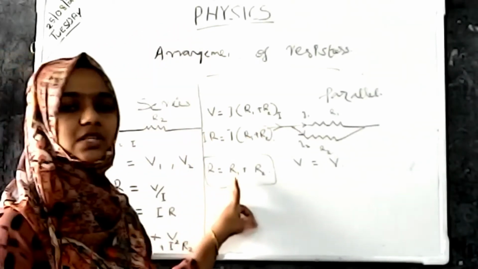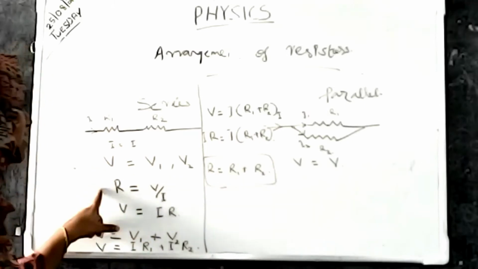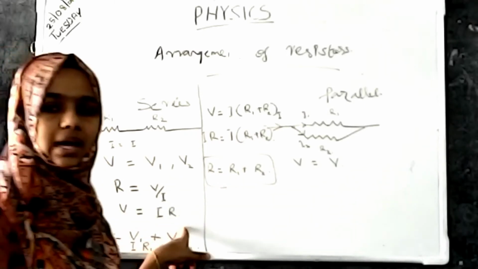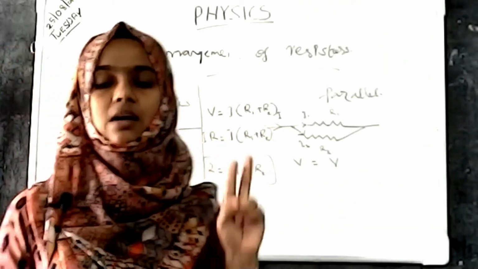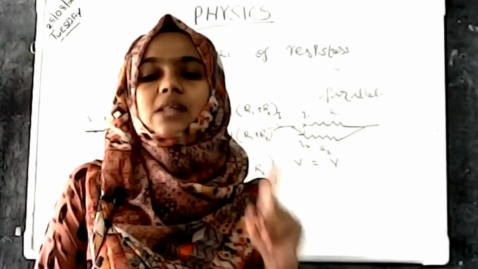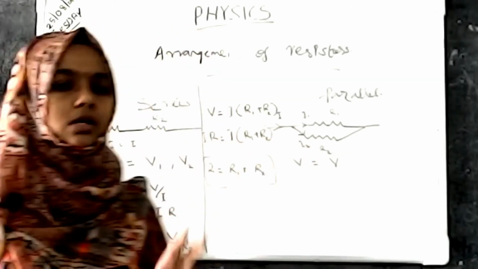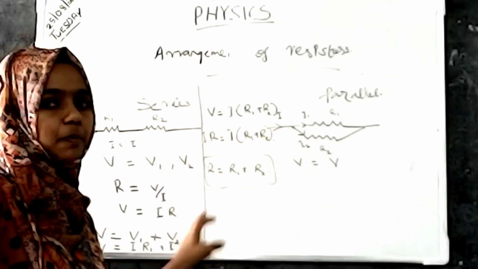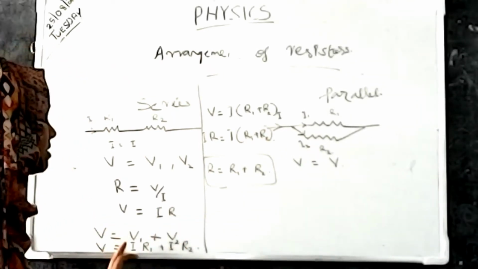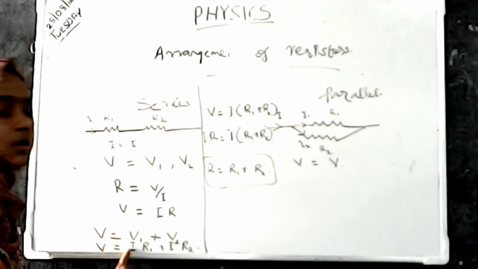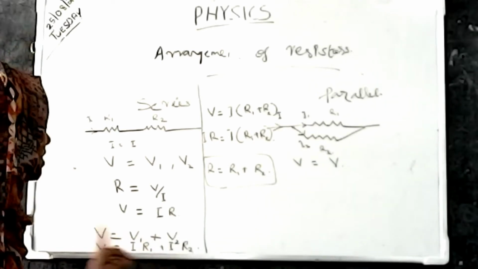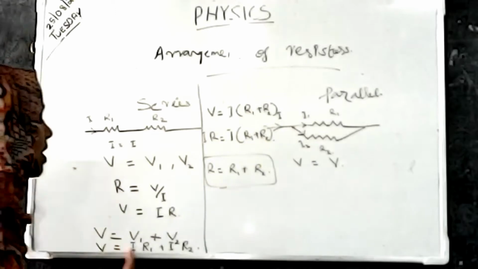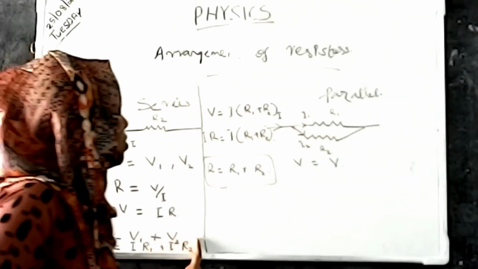For getting the effective resistance, first of all, we consider V equals IR, and here there are two resistors, R1 and R2. So the total V is equal to V1 plus V2, and instead of V we put IR. So V is equal to IR1 plus IR2.